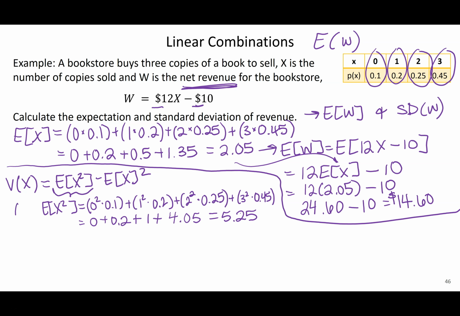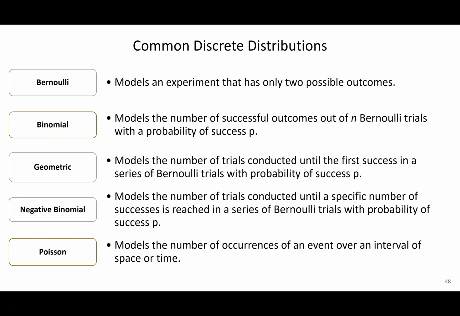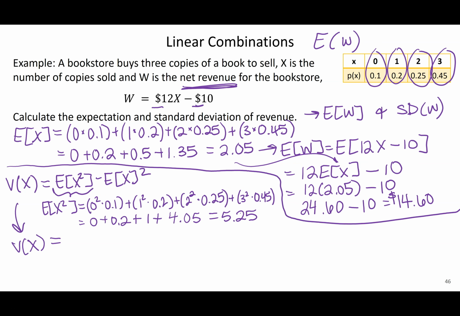So now if I want the variance of x, it's going to be that expected value of x squared we just calculated minus the expected value of x, squared. So 5.25 minus our expected value of x, 2.05, squared.